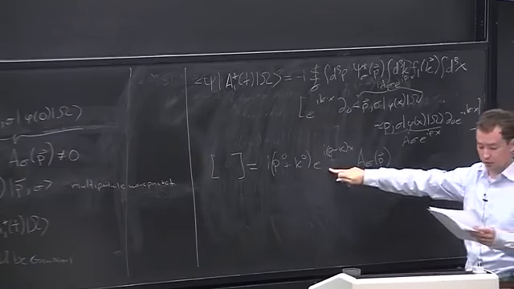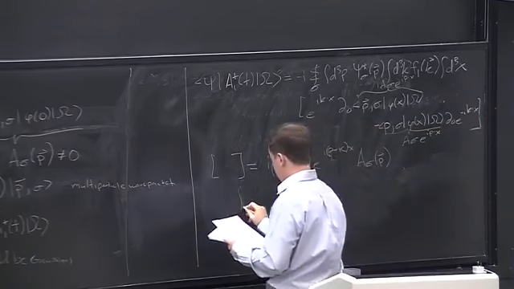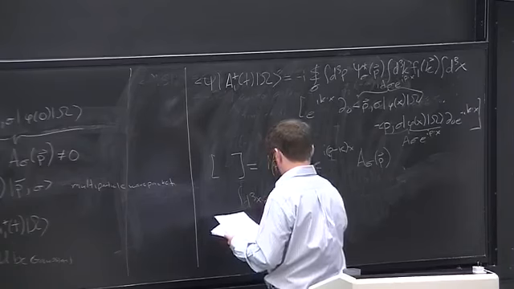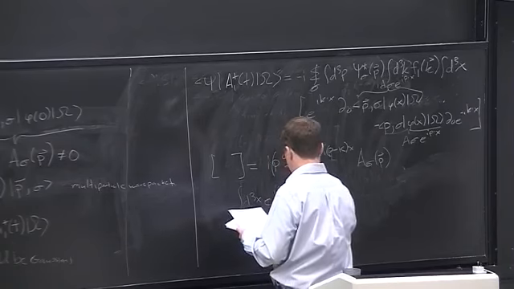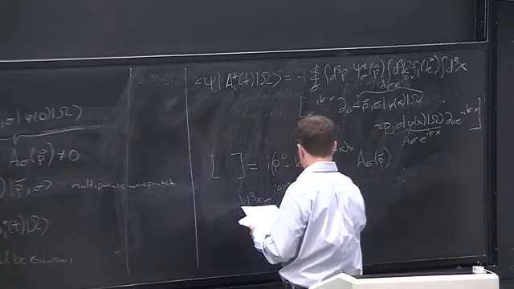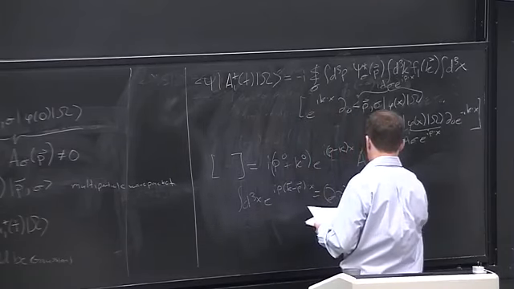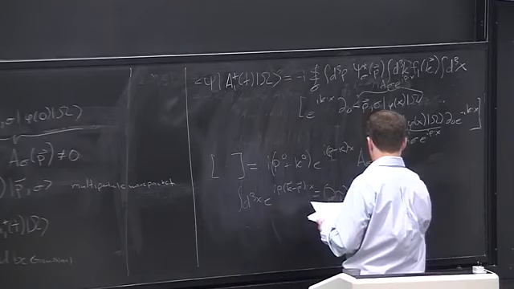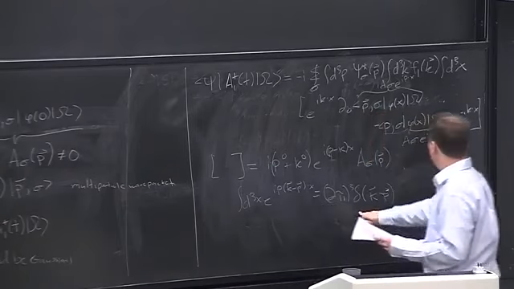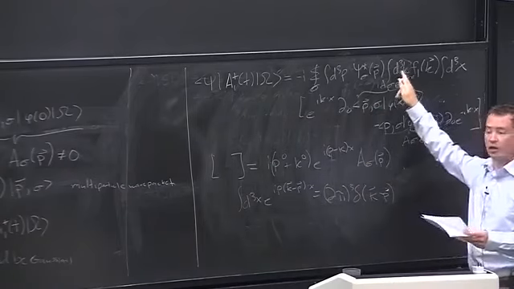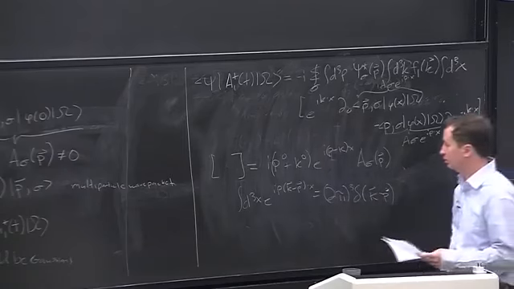So that's an integral we can do. We just get a delta, factors of 2 pi. And then we can do, say, the k integral using this delta.